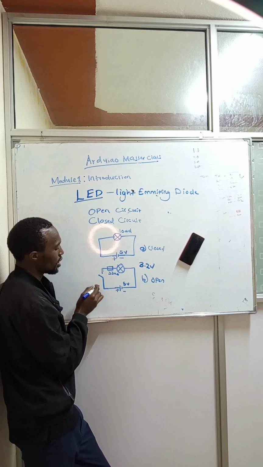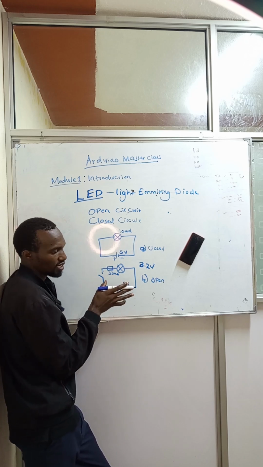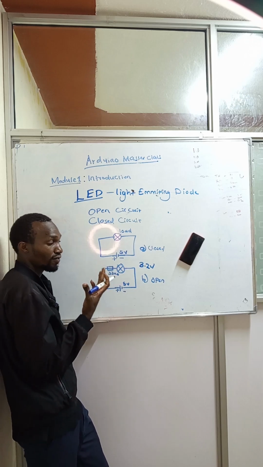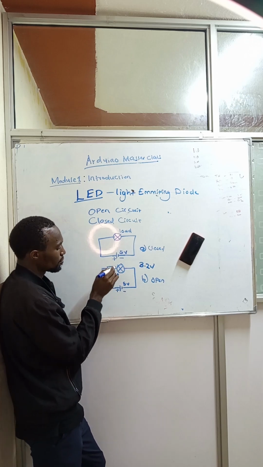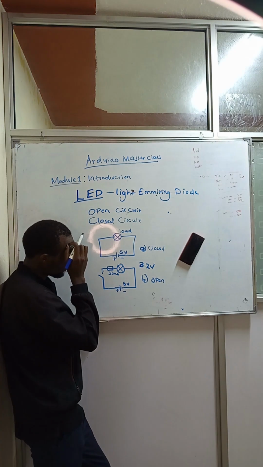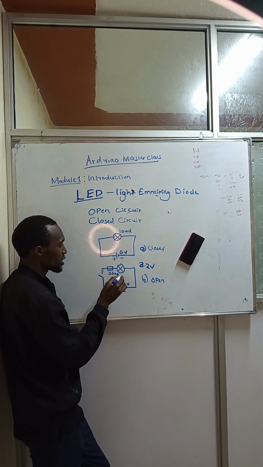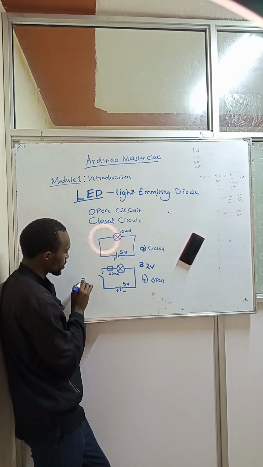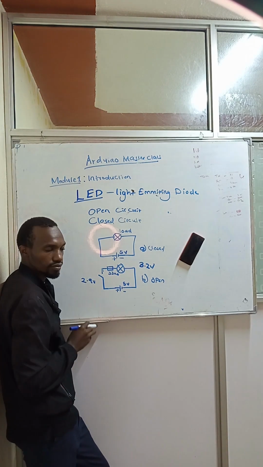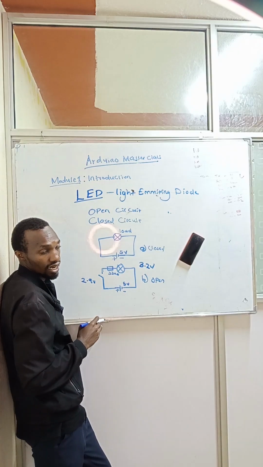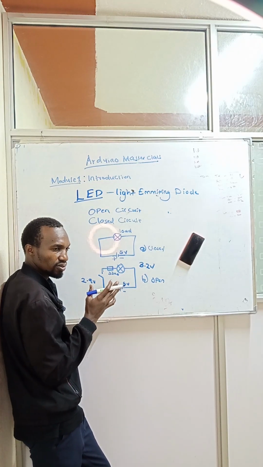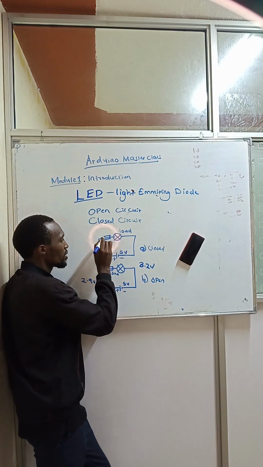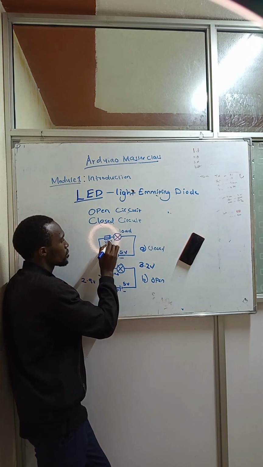According to physics, there's some calculation, but I don't want to enter into calculation because this is among our first class. Let's assume if we use a 330 ohm resistor, we are going to get around 2.9 volts. Still our LED will turn on, but it will not be that bright. But let's assume in another scenario, we use around 220 ohms.